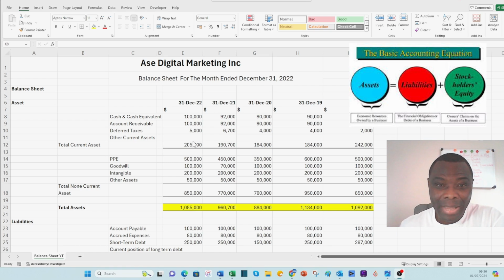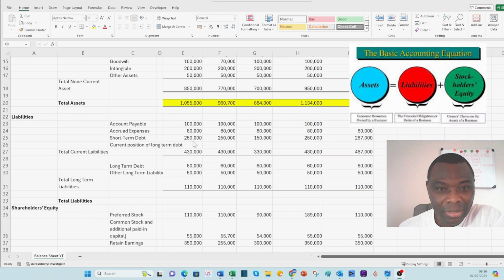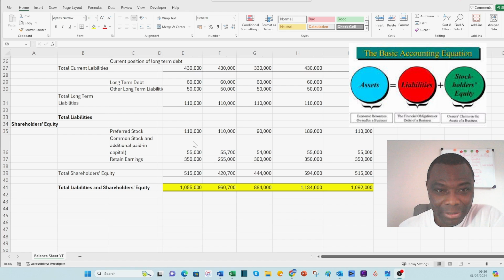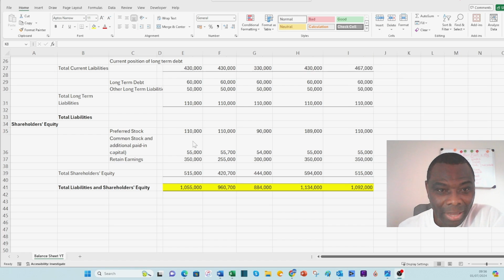Now, for this company, a digital marketing company, for the year ending 31st of December 2022, they have a total asset of $1.1 million. And if you scroll down to the total equity and liabilities, look at their liabilities.